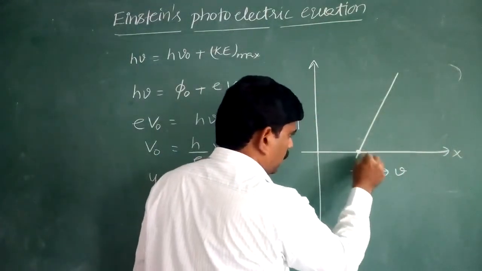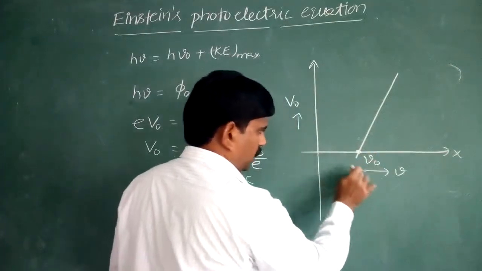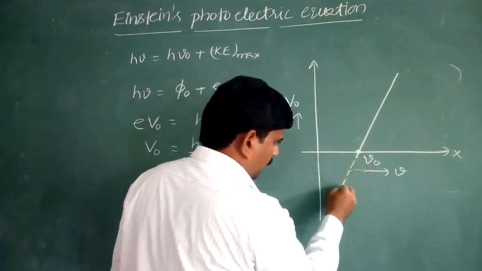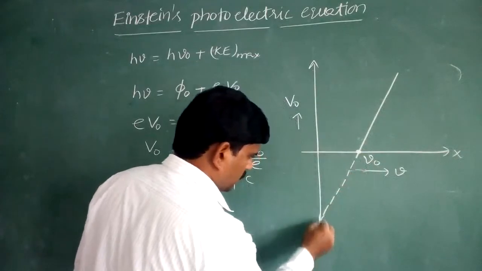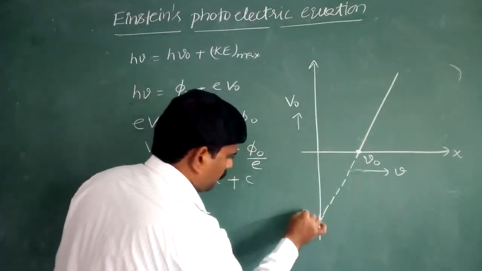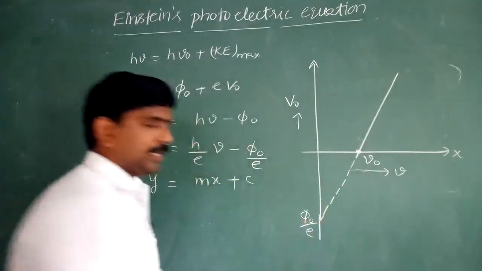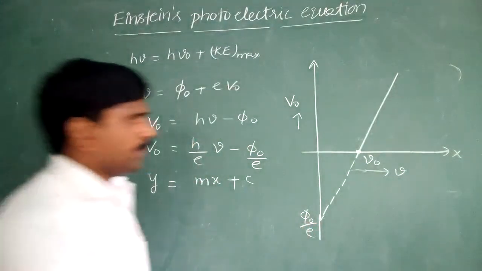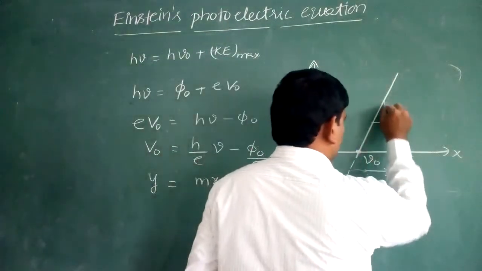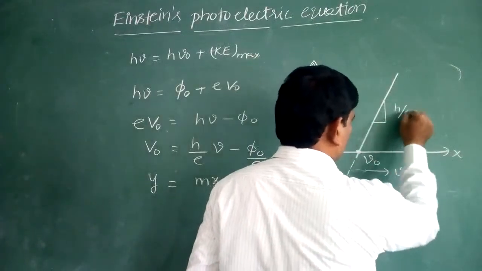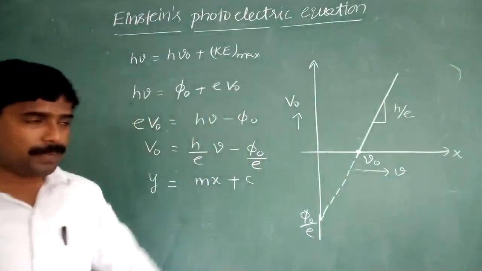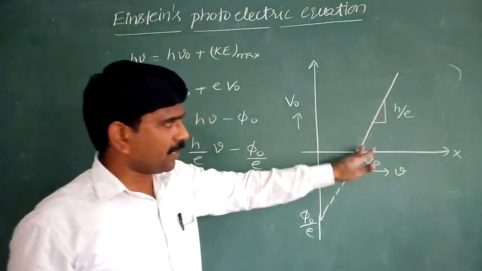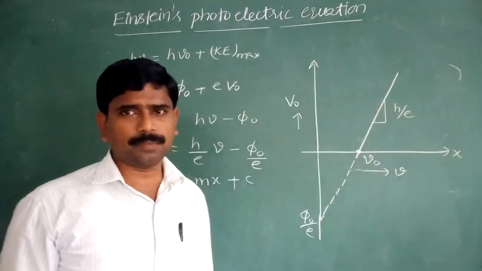Here this is the threshold frequency, and the y-intercept value is equal to phi naught by e. Here the slope of this line is equal to h by e.